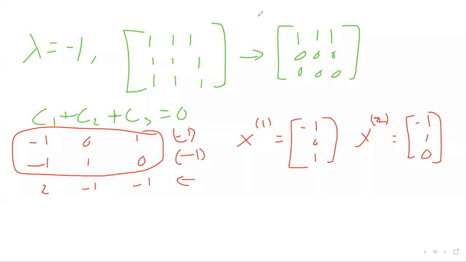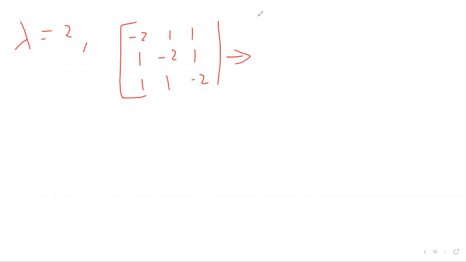For the next one, we can do our lambda is equal to 2. So it's a negative lambda, negative lambda, negative lambda. Now again, we're going to have to use our row operations. So let's do row 1 plus 2 row 2, and then the same thing plus 2 row 3s.